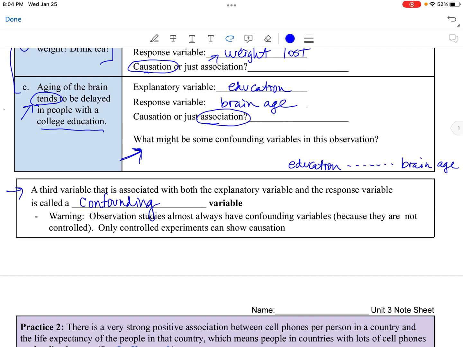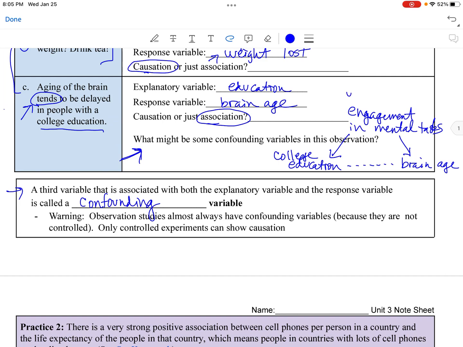So we might say something about engagement in mental tasks or something. People who enjoy and do lots of engaging in mental tasks might be people that are more likely to go to college, get a college education, and would also be delaying their brain aging.